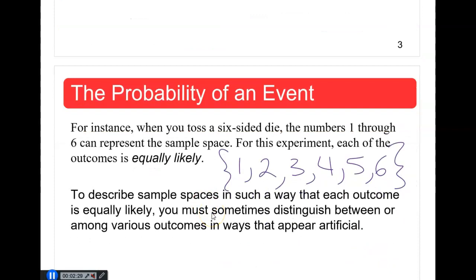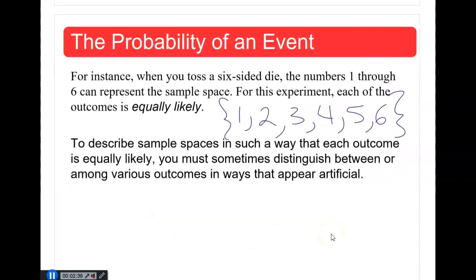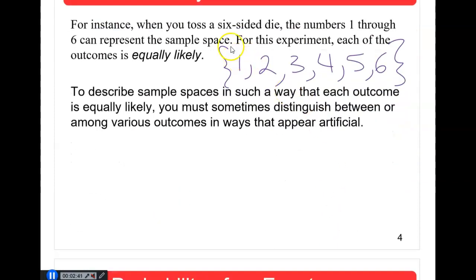To describe sample spaces in such a way that each outcome is equally likely, you must sometimes distinguish among various outcomes in ways that appear artificial. In this case, I say the word fair so that each number has an equal probability to land, and so we call that equally likely outcomes, and the probability for each of them is equal.